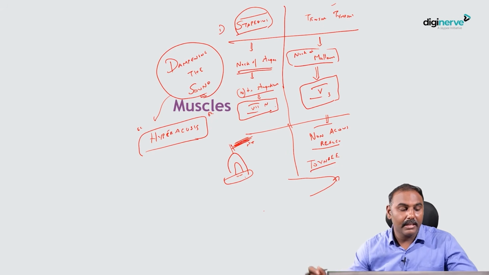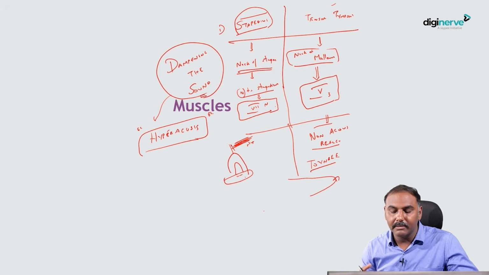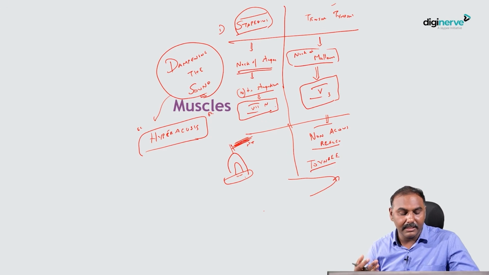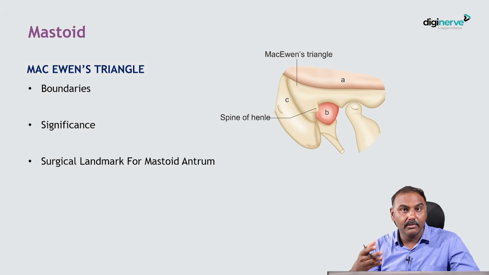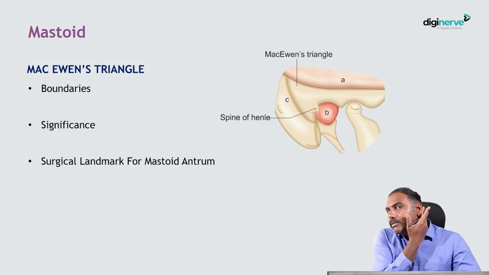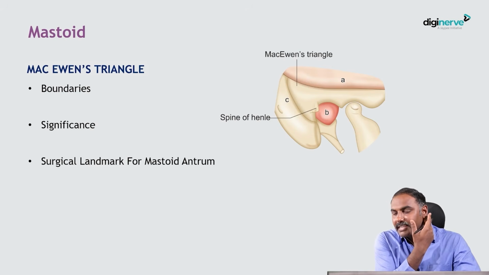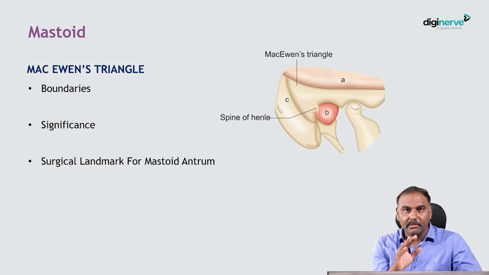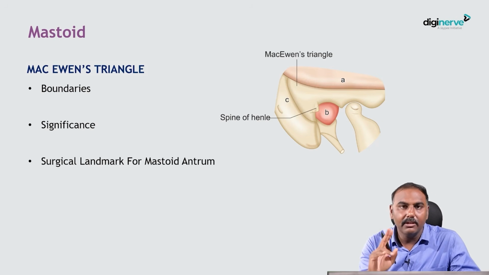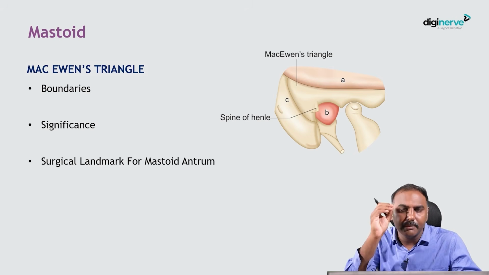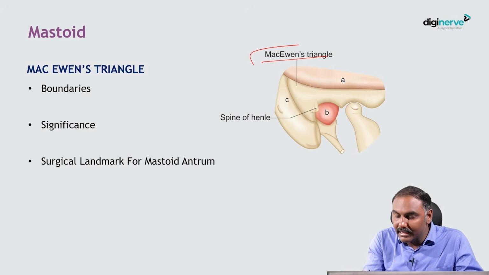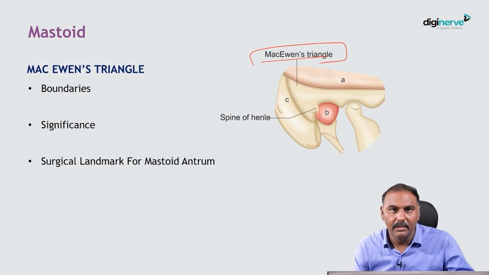So this is regarding the muscles in the middle ear. We have the stapedius and the tensor tympani, and we have discussed the nerve supply. Coming on to the posterior wall of the middle ear, that is the mastoid process, we need to have in mind two triangles. One, the most commonly repeated MCQ, is McEwen's triangle.